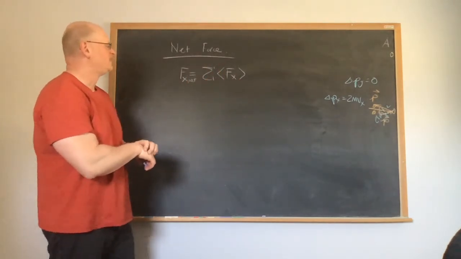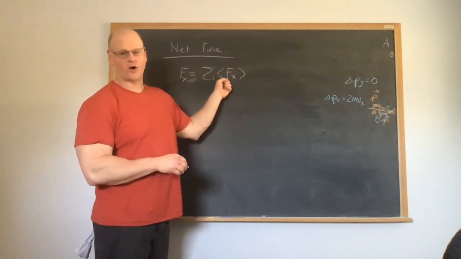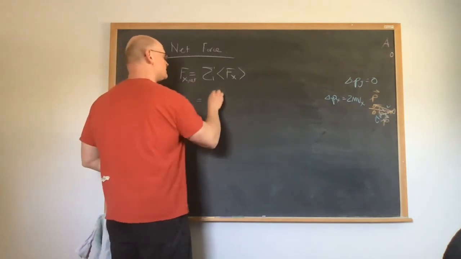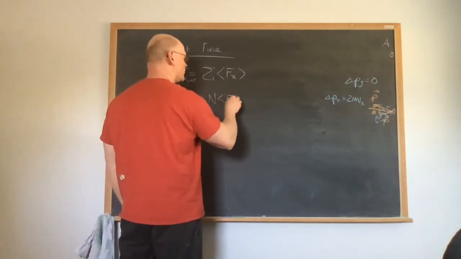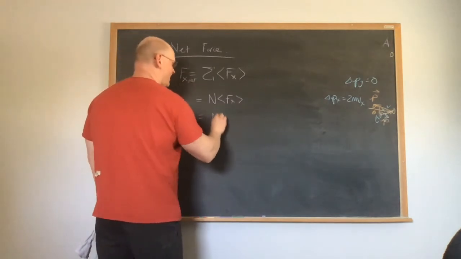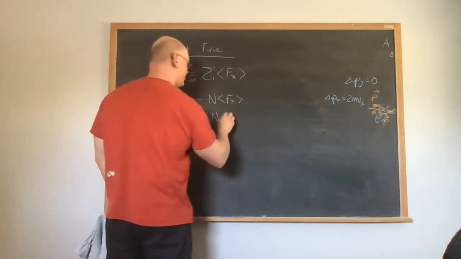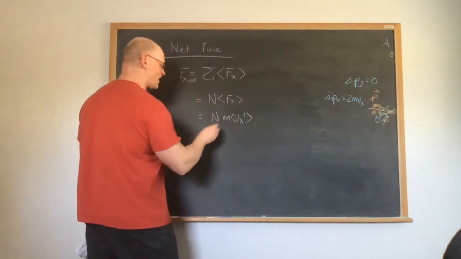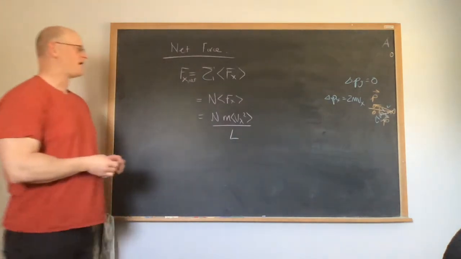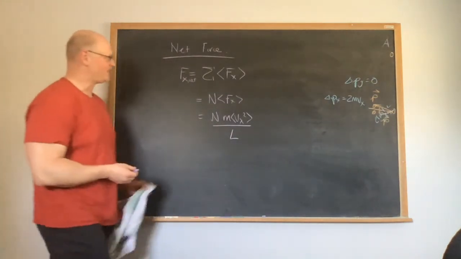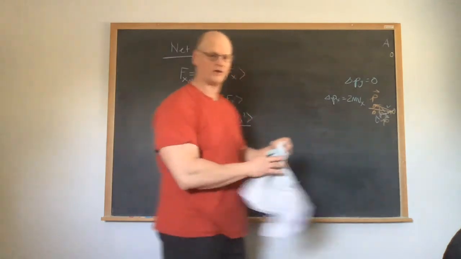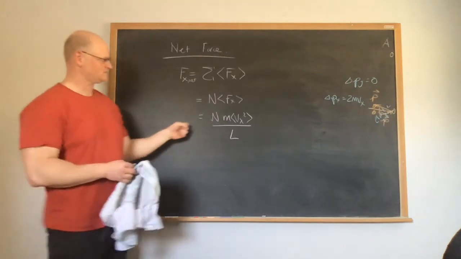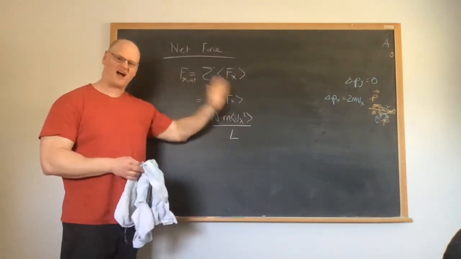Now, on average, each one of those are going to have the same velocity, though, which means that if there are n number of particles, this is going to be the same thing then as n times the average force, which then is going to be the same thing then as n, which again is the number of particles, times then the mass times the average velocity squared in the x direction, divided by simply the length of the box. So again, this is then the average force that this wall over here, or this wall over here, or even the one on top, are feeling based off of n number of particles constantly colliding with the wall.